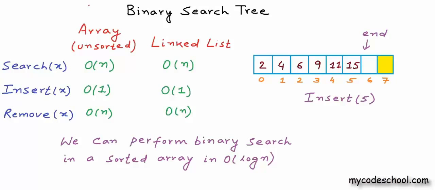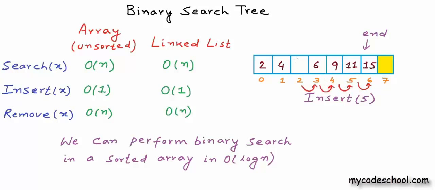We can find the position in order of log n time using binary search. We can perform a binary search to find the first integer greater than 5 in the list. So we can find the position quickly. In this case it's index 2, but then we will have to shift all the records starting at this position one position to the right.